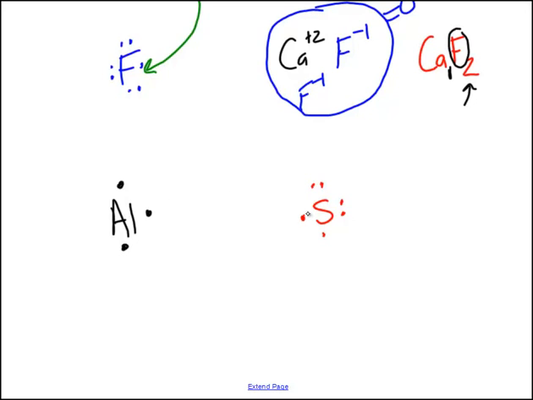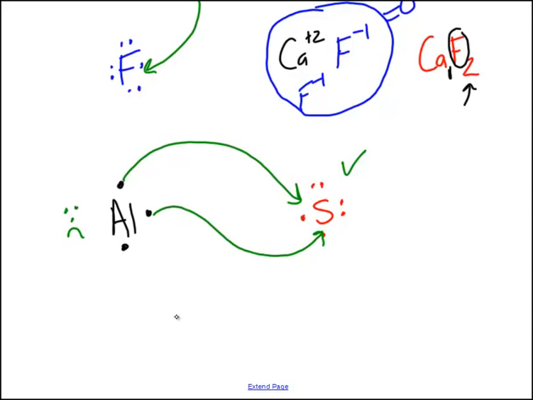And again with the arrows, each of these atoms wants to have a stable outer arrangement, so that means 8. Aluminum has 3. It would love to give away 3, so it actually gives away 2 to sulfur because 2 is the limiter here. It really just needs 2. So sulfur then becomes stable. Aluminum, not so much. Still not happy.